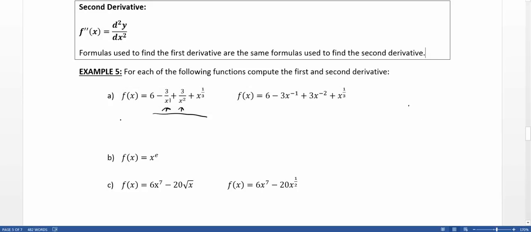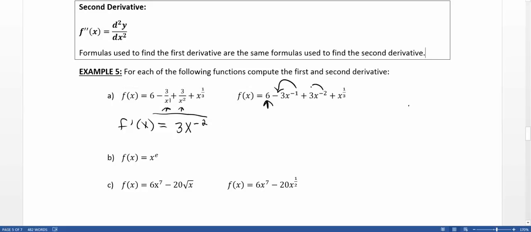So now we can use that to find the first derivative. So again, we're going to go term by term. The derivative of 6 is going to be 0 because it's a constant. For the next term, the negative 1 is going to come down to multiply the minus 3, giving me positive 3x to the negative 2.